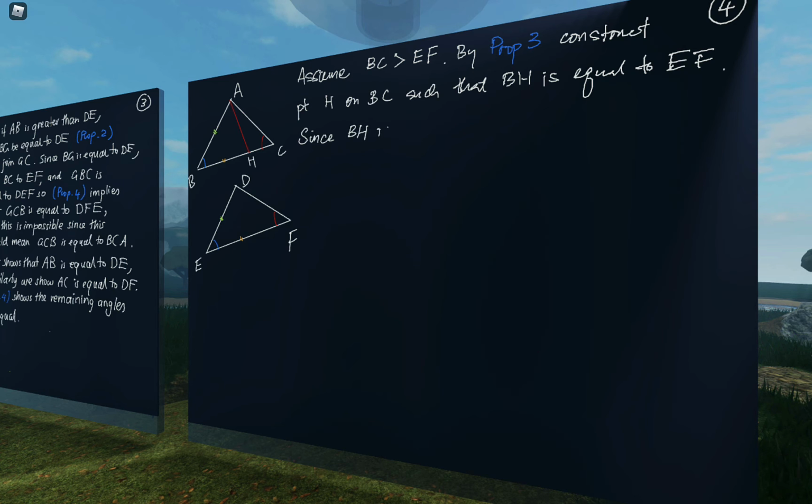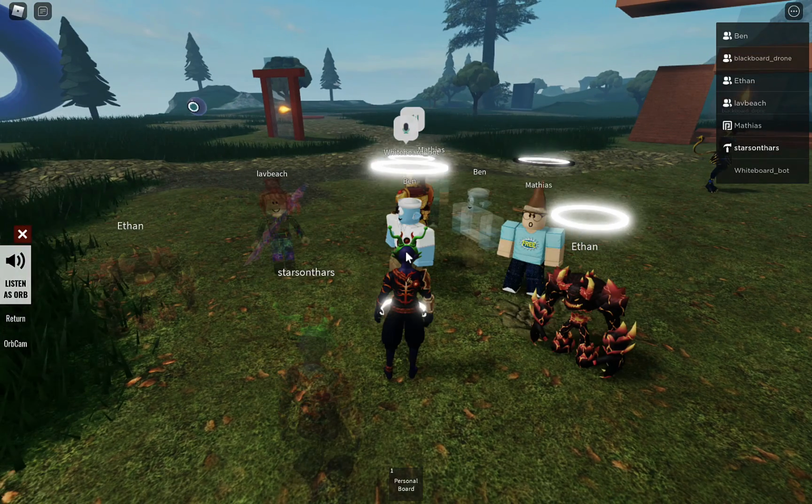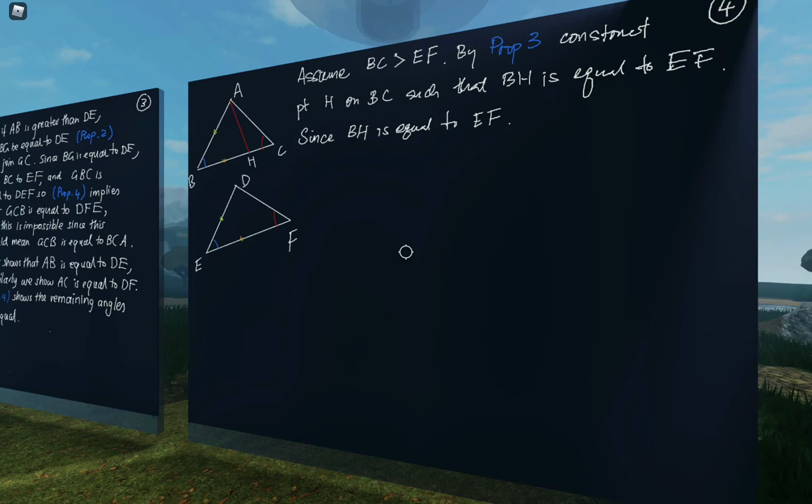So since BH is equal to EF, I'm telling you that I'm going to be applying proposition 4, which is really two sides being the same and an angle being the same, showing that two triangles are congruent. I'm going to be listing some sides that are equal and an angle which are equal, right? AB is equal to DE, all right?